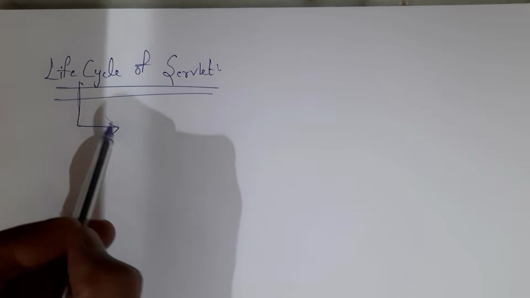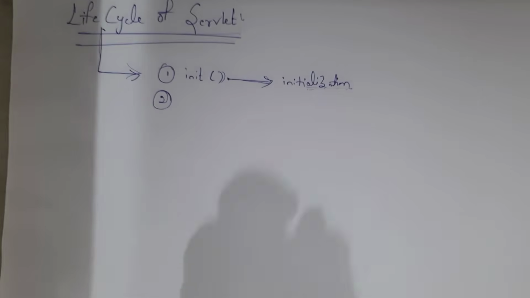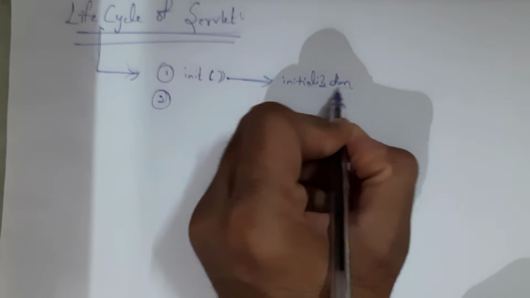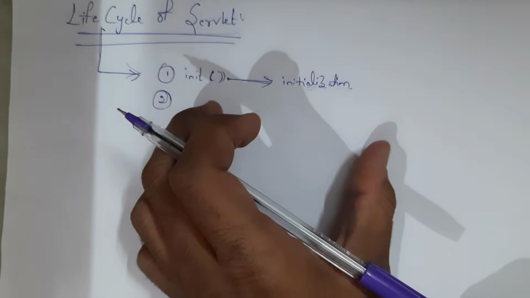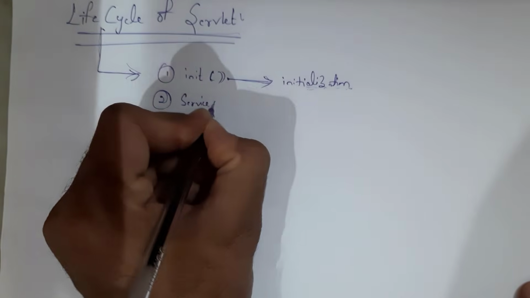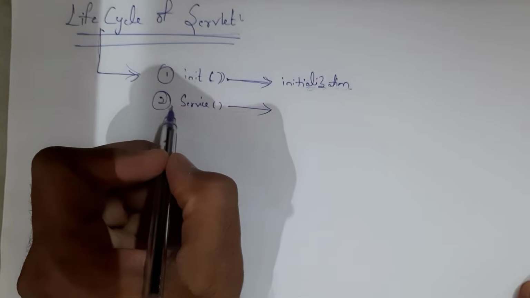There are 3 stages involved in the servlet life cycle. First stage is the init method. Init stands for initialization. In the initialization stage we will create the servlet. After creating the servlet, the next step is the service method. This is one of the important steps in the servlet life cycle.